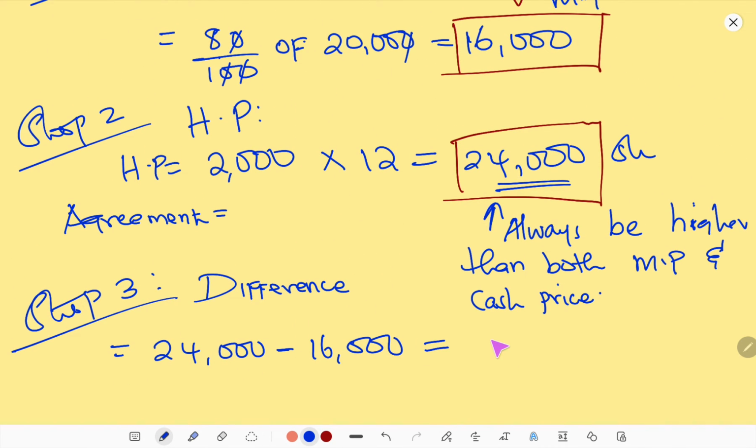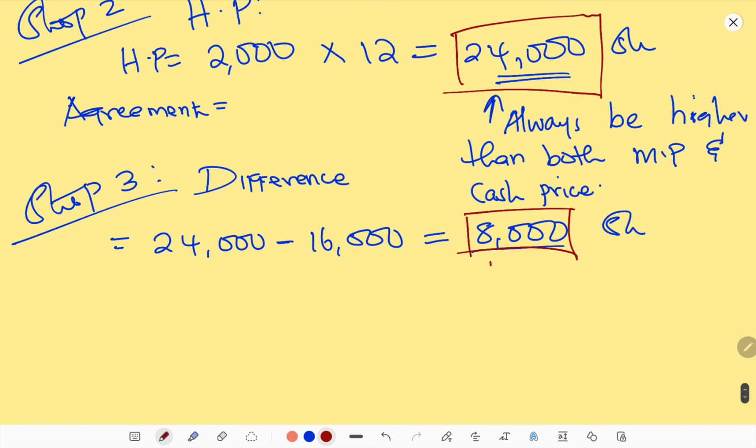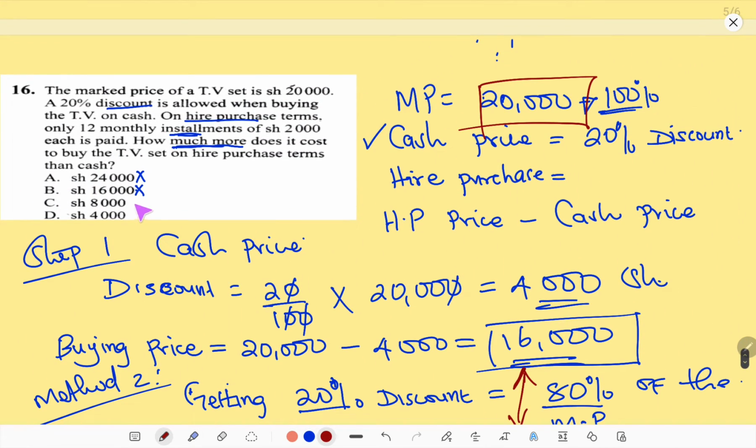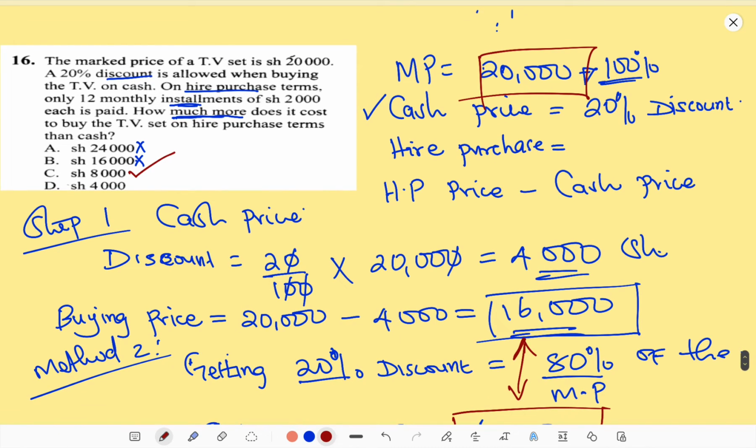This gives us 8,000 shillings. Therefore, this is the difference in price, and the correct answer is C. That is how you go about solving these questions about hire purchase and discount.